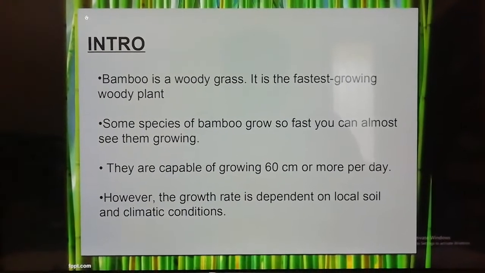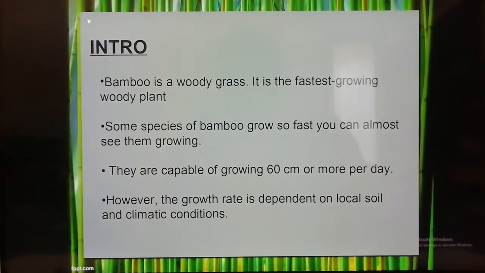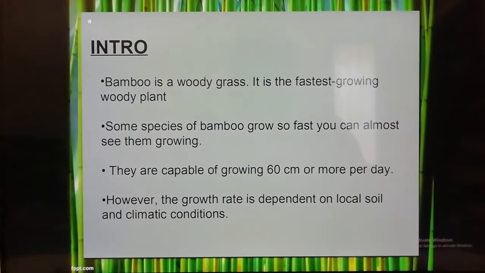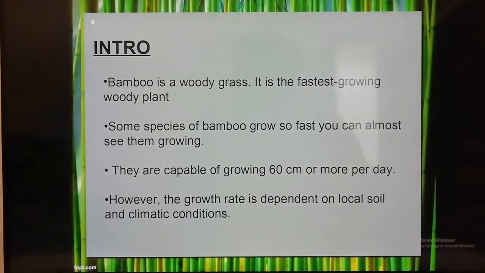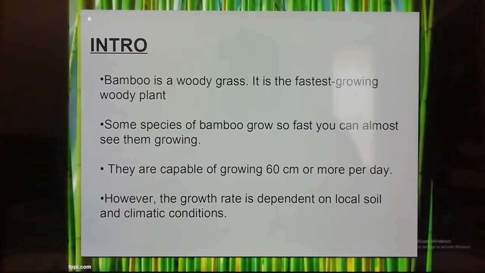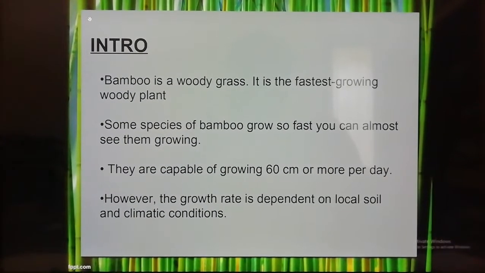For the bamboo in our particular region, in India, particularly in the north, when we look at Nepal and Bhutan, we have the highest amount of bamboo being used in construction, because that place is abundant.